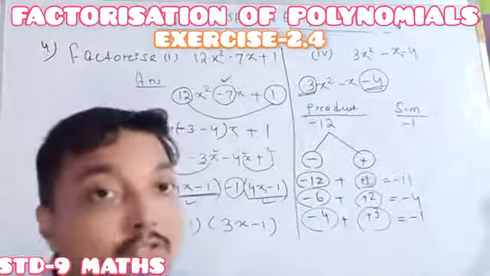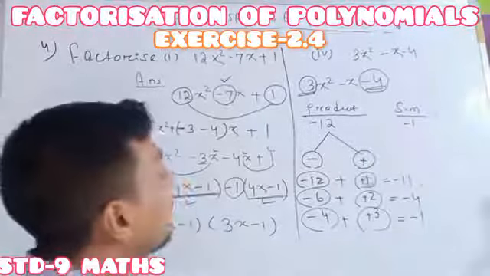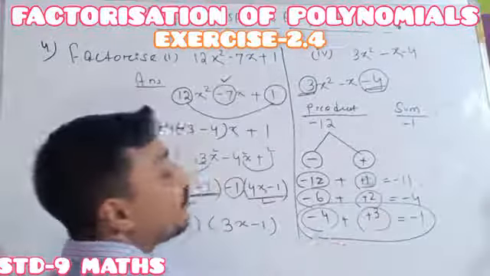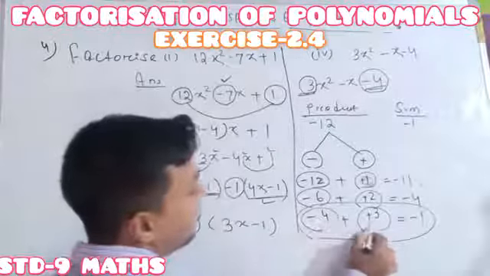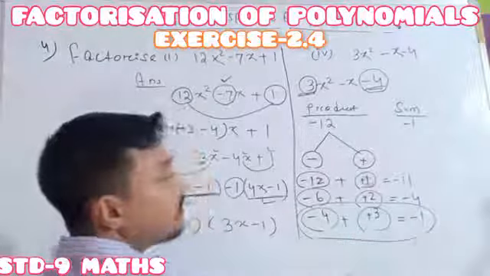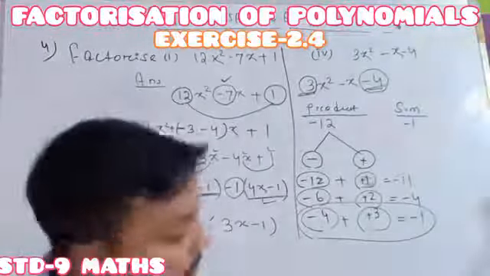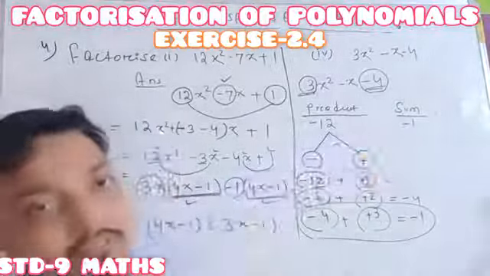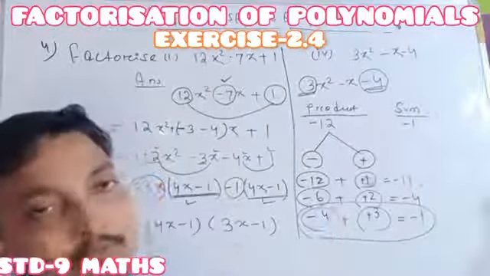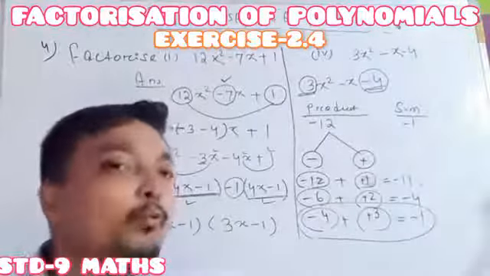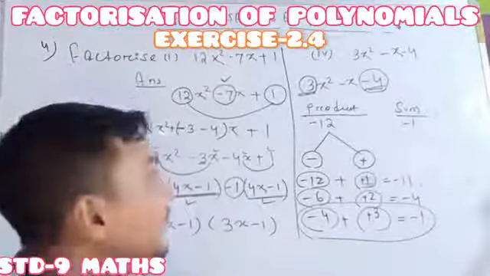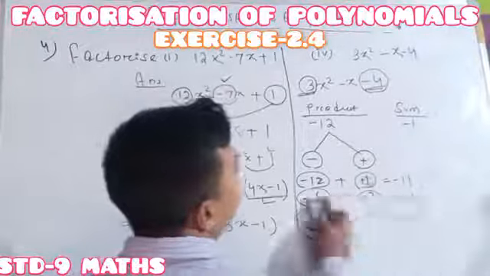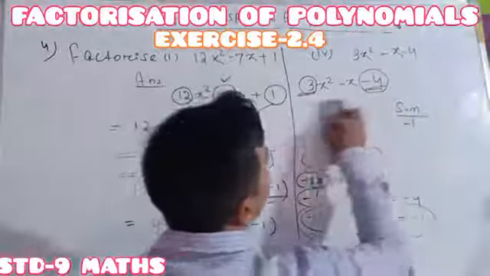We choose this pair as the final one, because the product is minus 12 and the sum is minus 1. Ready? For your easiness, I am showing you the fundamental way to do this. Otherwise, if you can understand, you can also do it directly in your own way. So here one is minus 4, another one is 3.